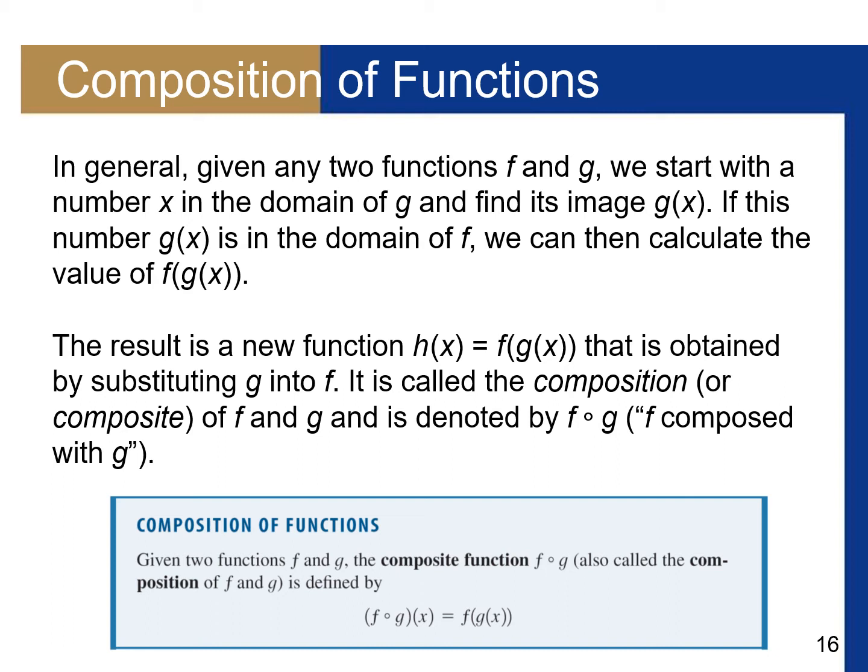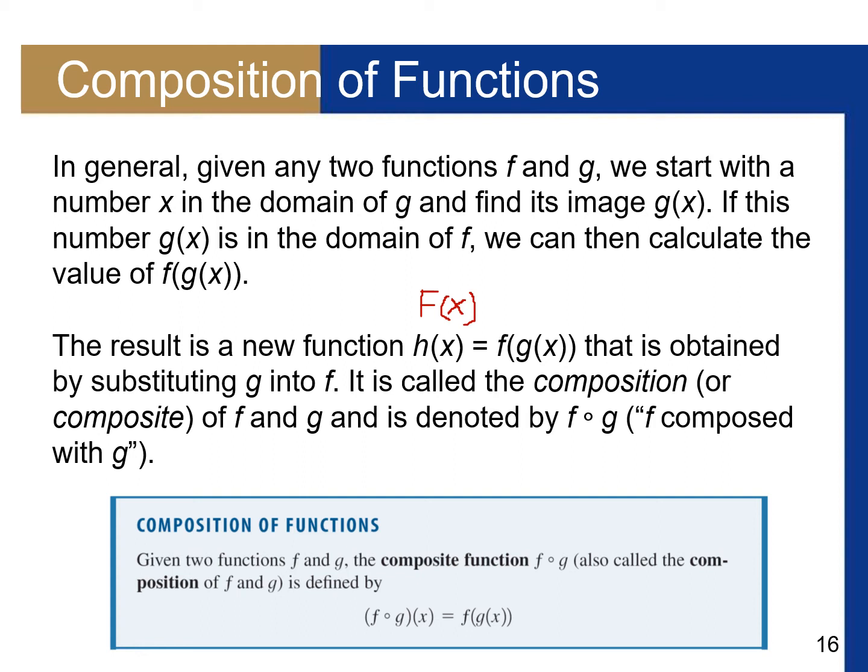The new result, which they are calling right now h of x, which could also be called capital F of x, uppercase or capital was what we called these when we studied growing up in elementary school, which was only a couple years ago. And we call this a composition.